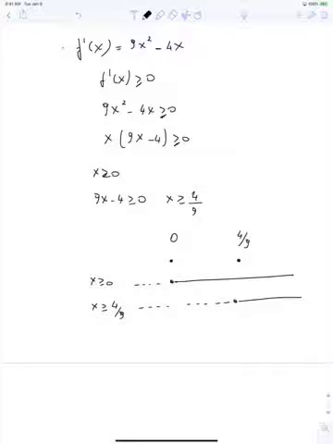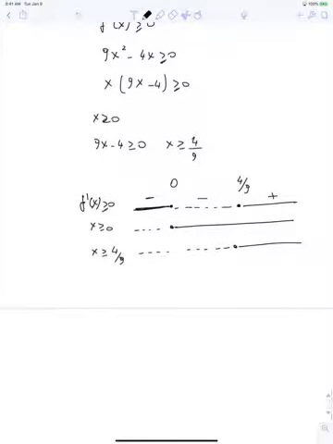Now, we're studying the signs, so in this case, both elements are negative. So here, this is f prime of x greater than or equal to 0. So it means that the derivative is positive here, negative here, and positive here.